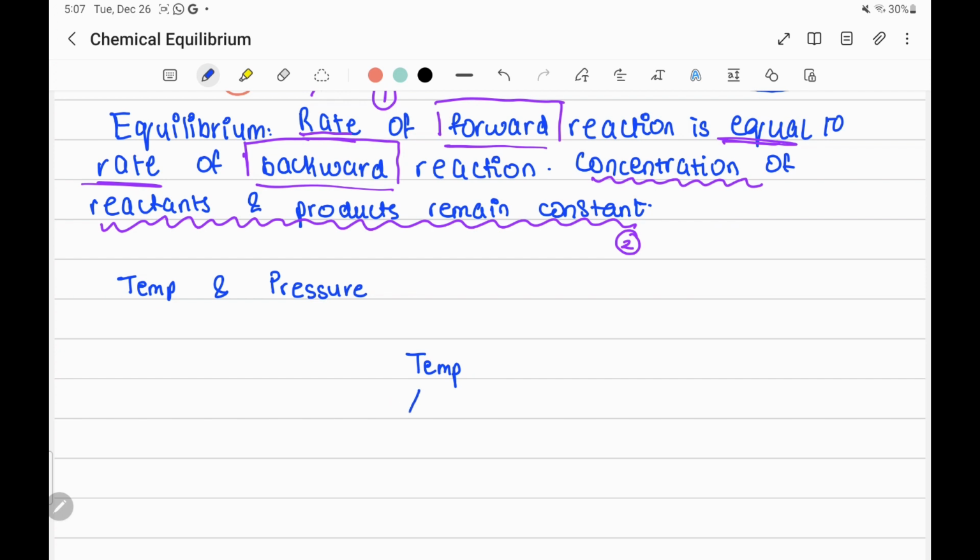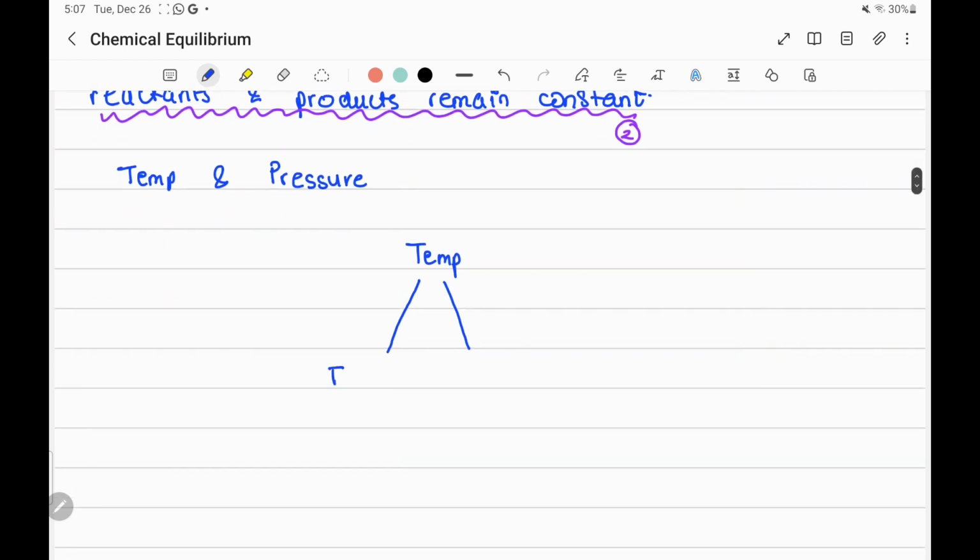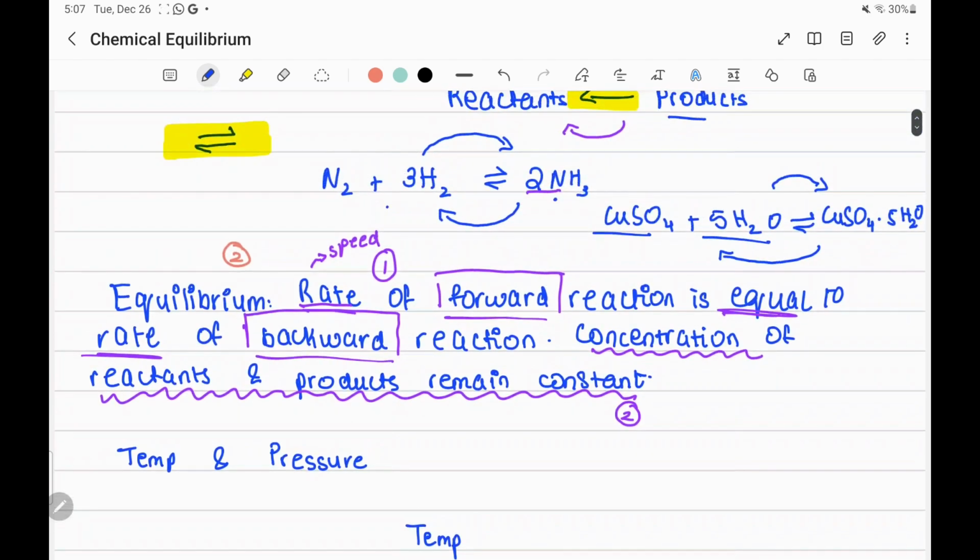To know how temperature is affecting the equilibrium position, you need to know if the forward reaction is exothermic or endothermic. Let's look at an example. Let's look at the reaction that we're using over here.